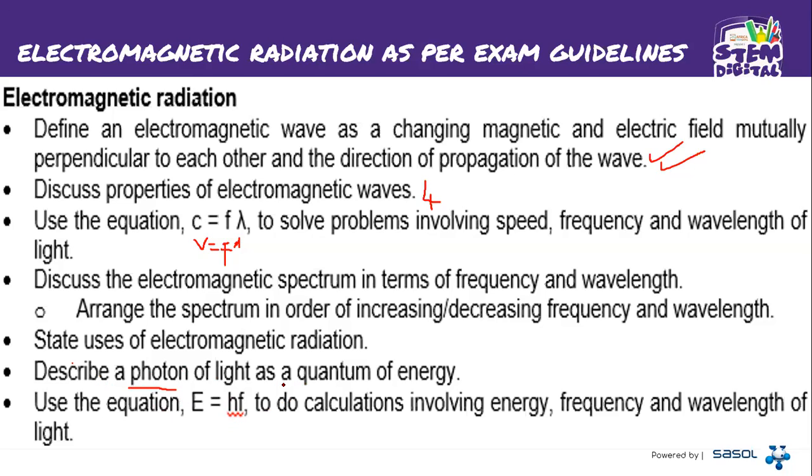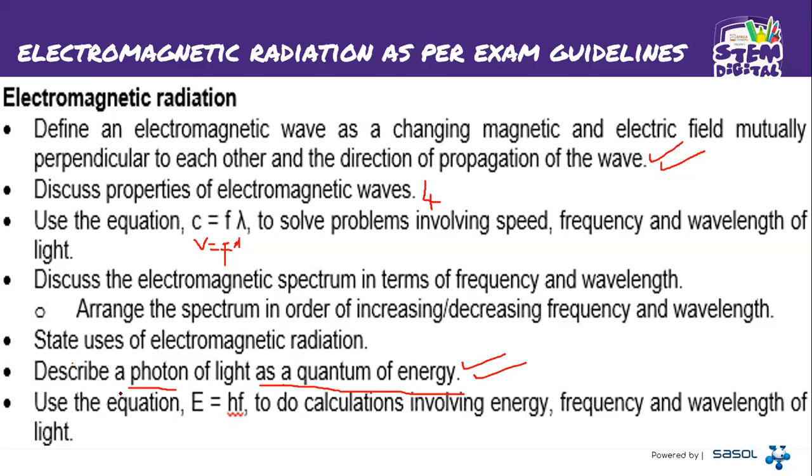And we know a photon is a quantum of energy. We know that definition for now. And it definitely will give us 2 marks, as all the keywords must be there and they must be in their correct context.